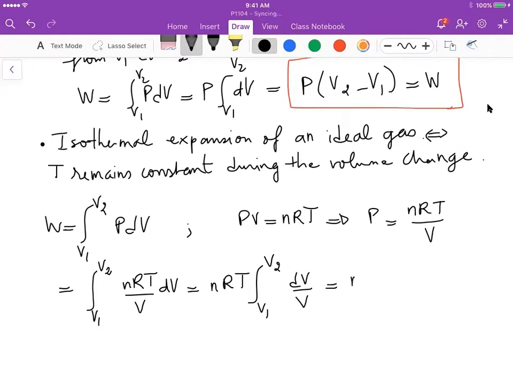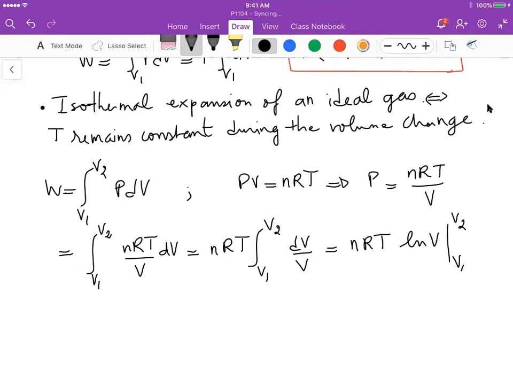So we end up with nRT times ln V between V1 and V2. And so we end up with W equals nRT multiplied by ln V2 minus ln V1.